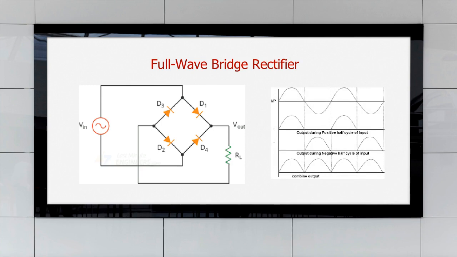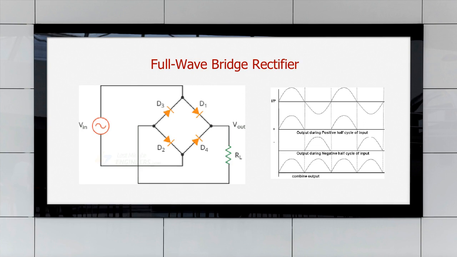For example, during the positive cycle this terminal is plus and this will be minus, so the diode D1 will be forward biased during the positive cycle and D3 will be reverse biased, because the N terminal of the diode is connected to the positive cycle. Now D1 will be forward biased and the current will come to this node.